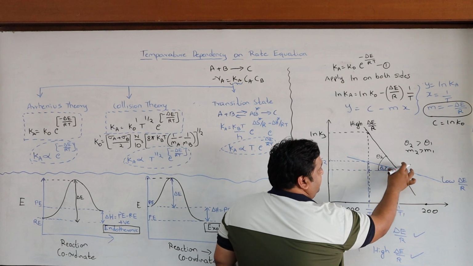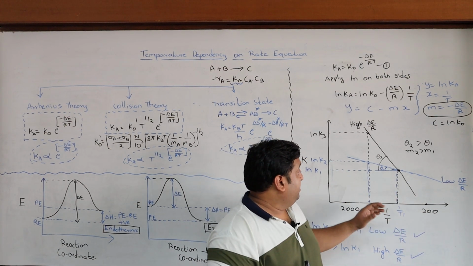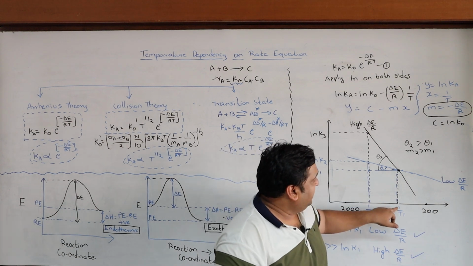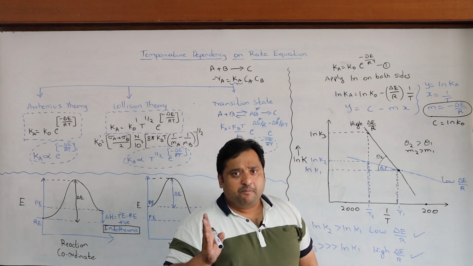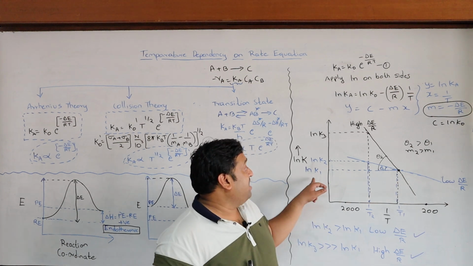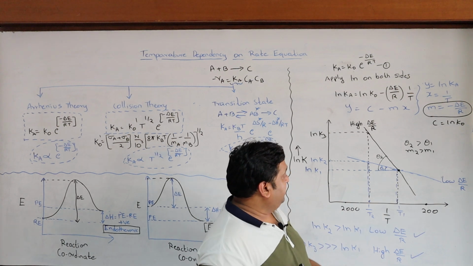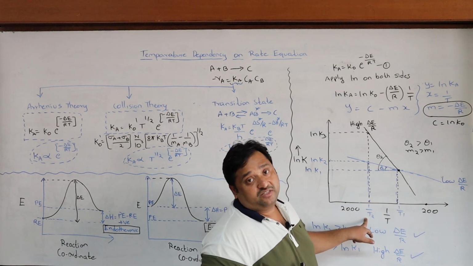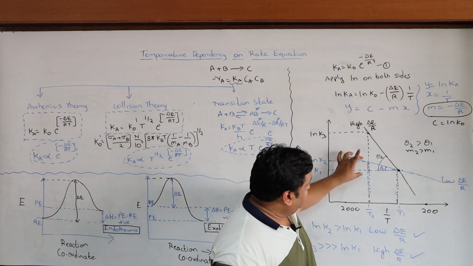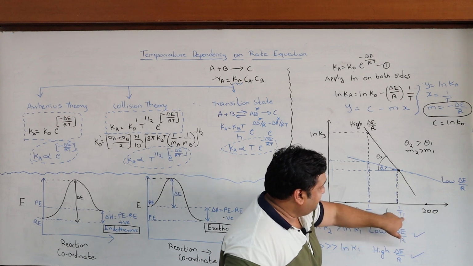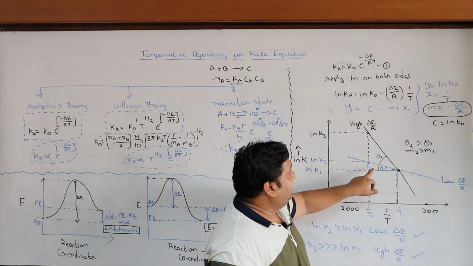Let us say they both meet at one point, which is at temperature T1, with some value of ln K1. Now if I want to increase the rate constant by increasing the temperature to T2, a higher temperature, my value increases from ln K1 to ln K2 for the low activation energy line.